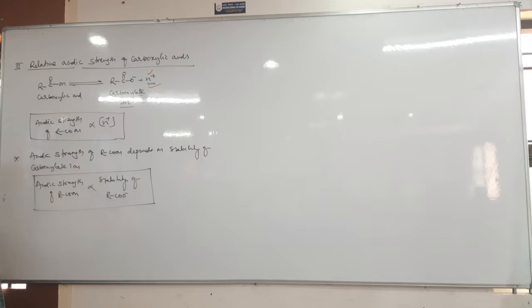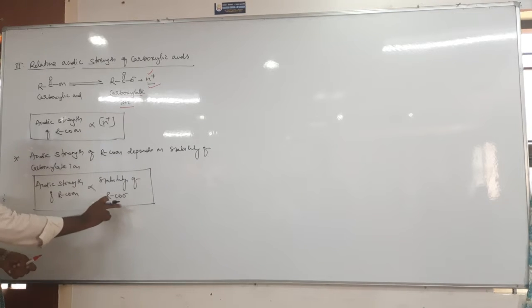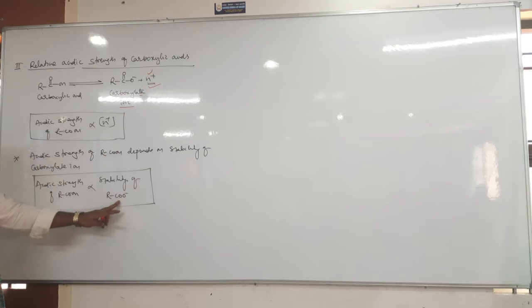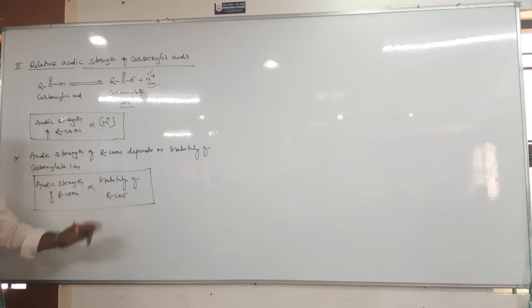Okay, now all right, but I want to know what stability of carboxylate ion depends on. First of all, tell me, carboxylate ion is anion or cation? Anion. Of course, anion. Then anion stability depends on what? So the stability of anion depends on electron releasing, electron withdrawing group.